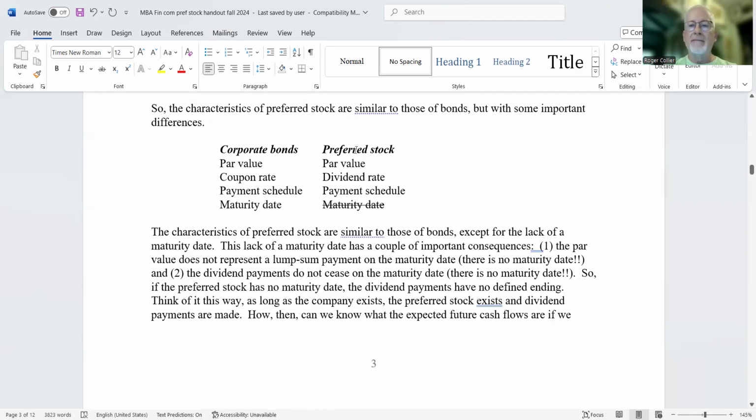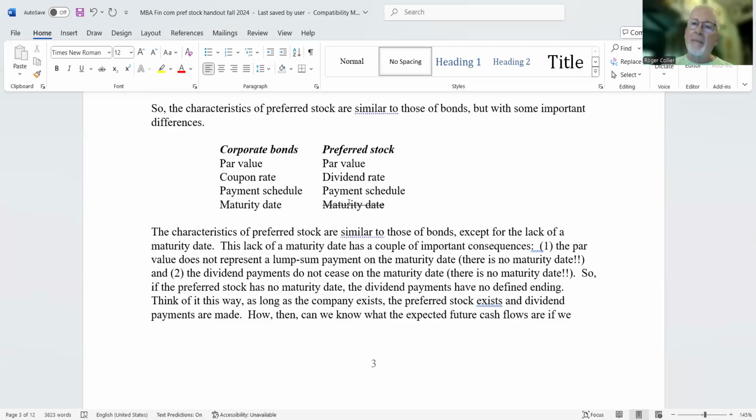Preferred stock had all 4 of those except maturity date. Preferred stock has a par value, a dividend rate, which is still a percentage, and a payment schedule, but no maturity date. Once we knew those 3 things, then we knew what to expect for preferred stock.